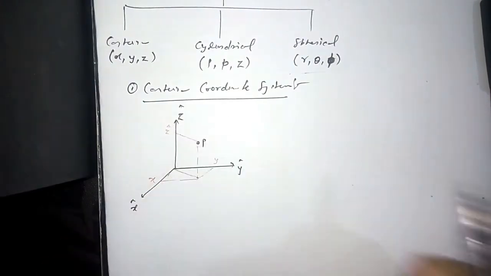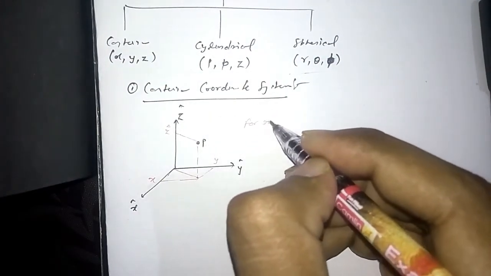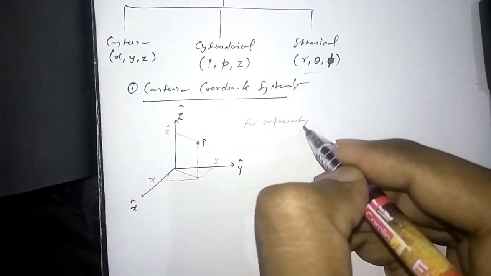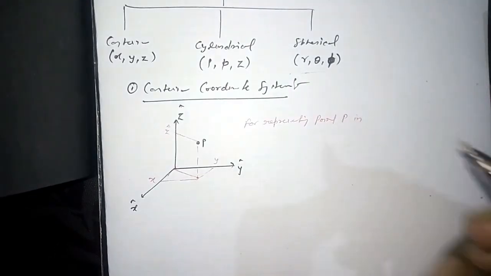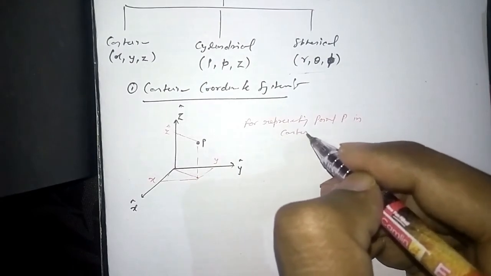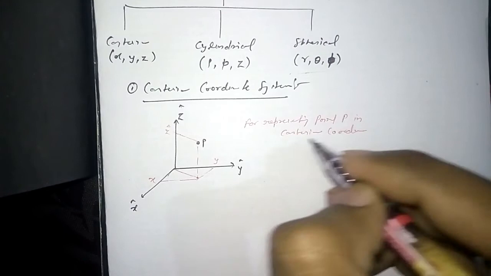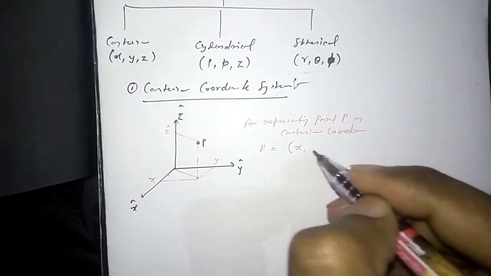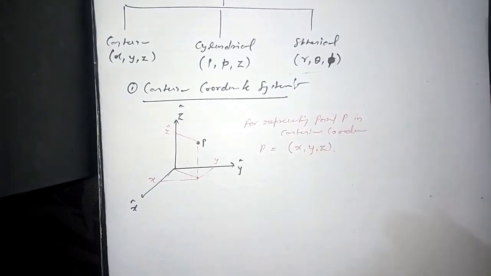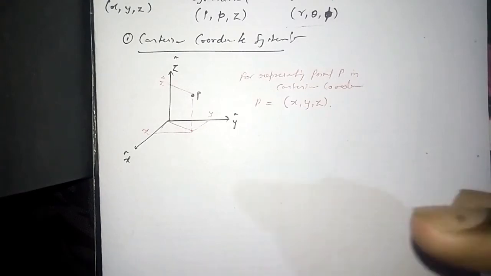So for representing point P in Cartesian coordinate, we do it like x, y, z. The axes of the coordinate system are arranged according to our right hand.